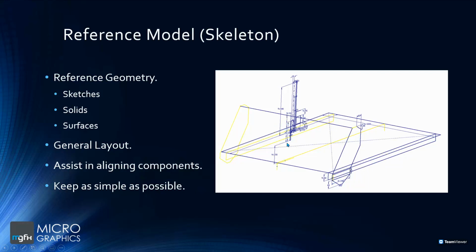Where would the center line of the cutter be in relation to the bed of the machine? So we're already looking at aligning components, getting a general layout of this machine, and getting a better understanding of its mechanics right up front before we've even created any solid components, because we've created these sketches that give us that general layout.